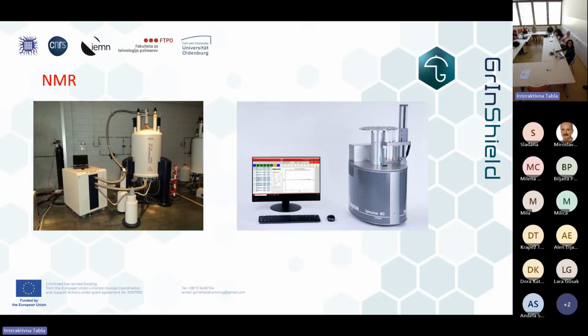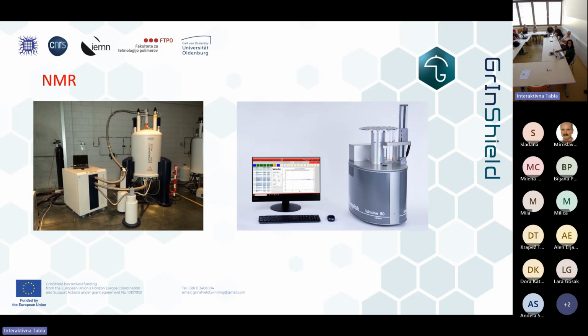And on the right, there is a tabletop NMR. Usually those tabletop NMRs are much smaller. They don't need any liquid nitrogen or anything to cool down. However, they work at 60 to 90 megahertz, which is more suitable for less complicated, for example organic molecules.